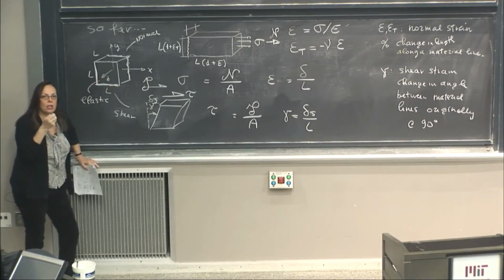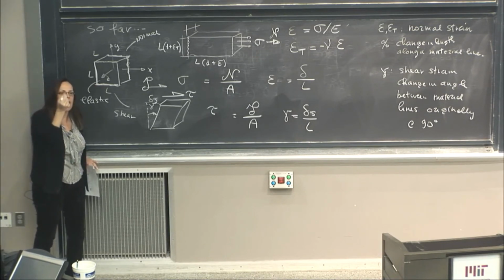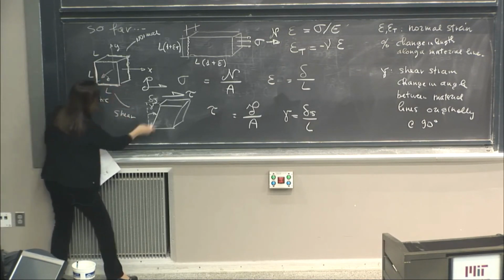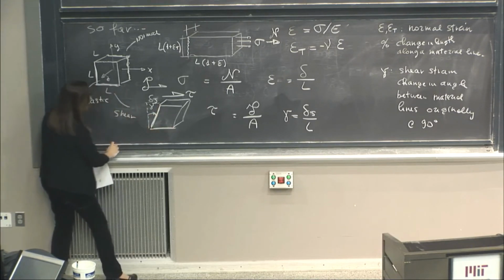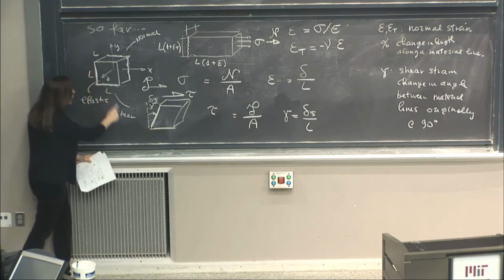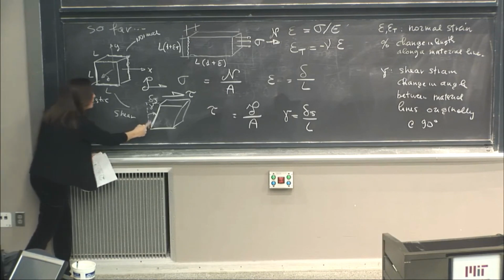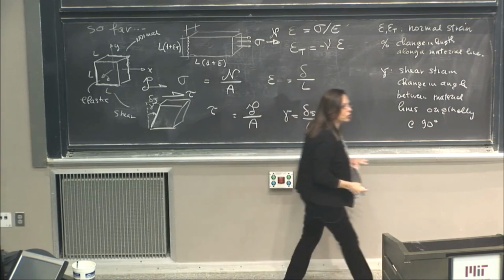Material line means if I go there with the pen and I mark with the pen all those points along these lines, the line that I create is a material line. It's like a line that is attached to the specific material points, so that when the structure deforms, this material line becomes this material line here, and this material line becomes this material line here. And what happened is that these two material lines have changed the angle between them. And the change in angle between these material lines is the angle gamma, which is our measure for shear strain.